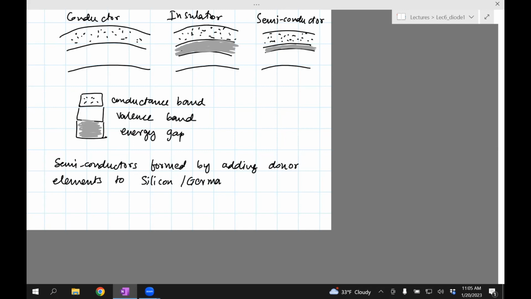Silicon and germanium are two elements of the periodic table. And by adding what are known as donor elements, you can create a junction diode. So what are these donor elements?